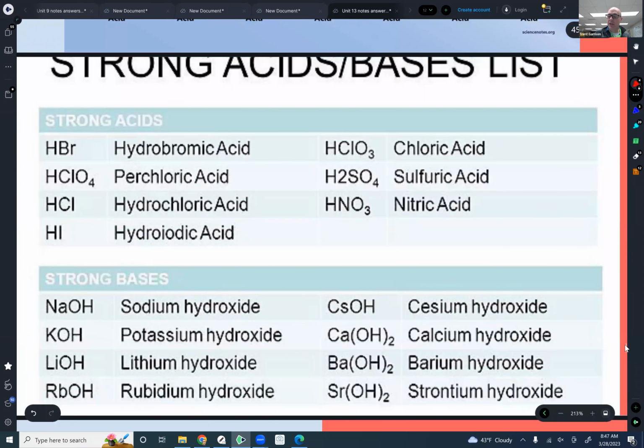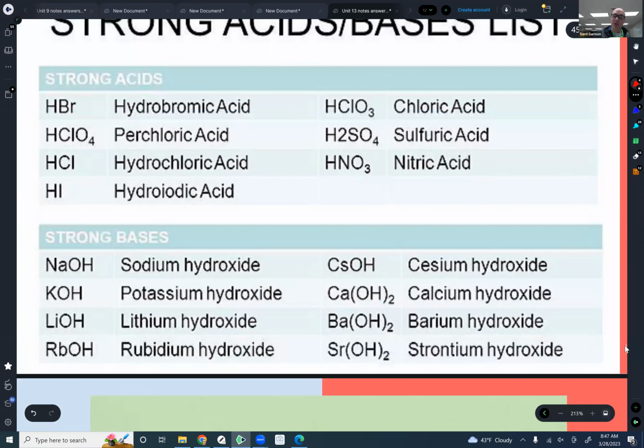Just as there are strong acids, there are also strong bases, and there are 8 of them available. They are a little bit easier to remember because if we think about them on the periodic table, lithium, sodium, potassium, rubidium, cesium are all straight in line on the first column.